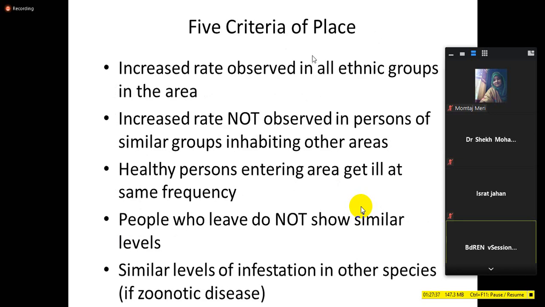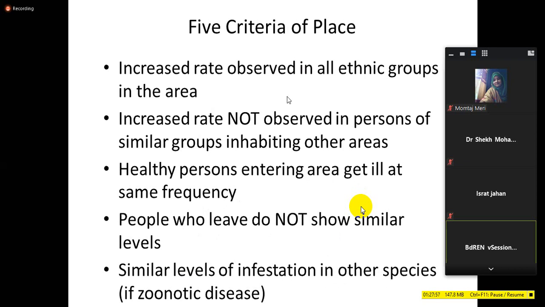So five criteria of place: increased rates observed in all ethnic groups in the area; increased rate not observed in persons of similar group elsewhere; healthy persons entering the area get ill at the same frequency; people who live there do not show similar levels of infestation in other species.